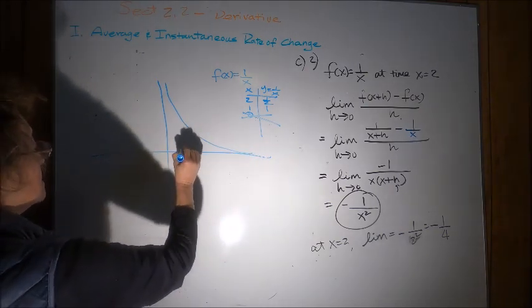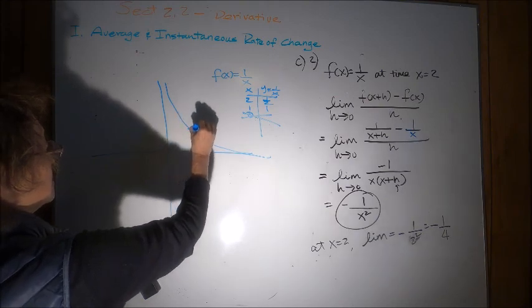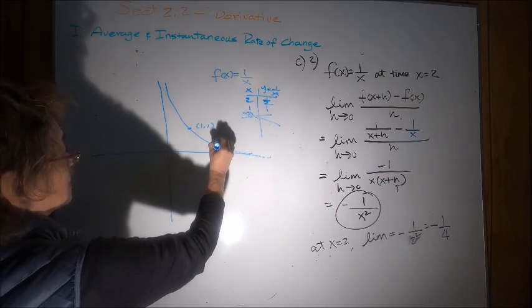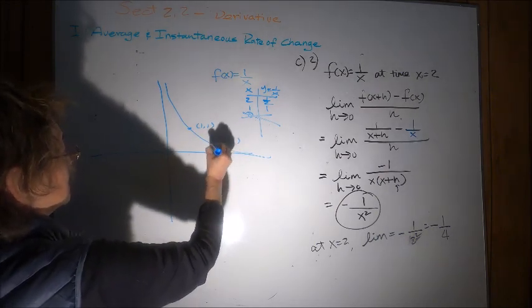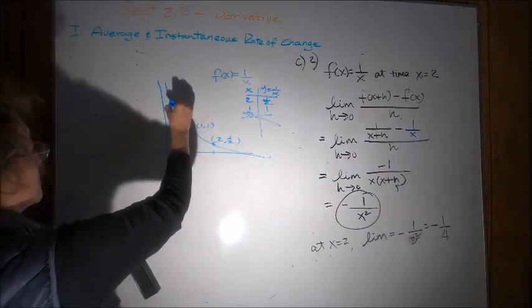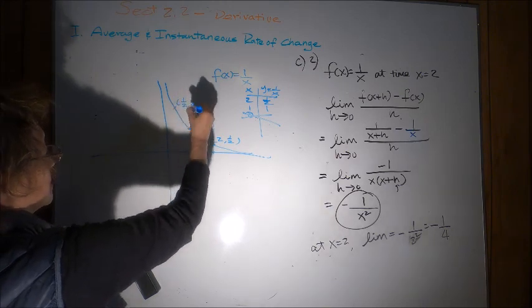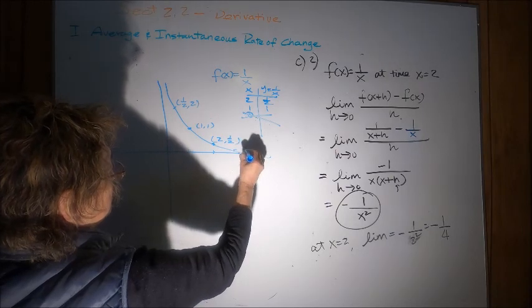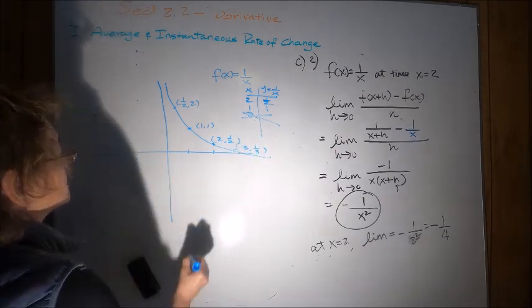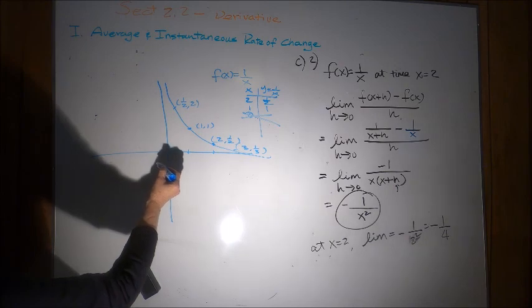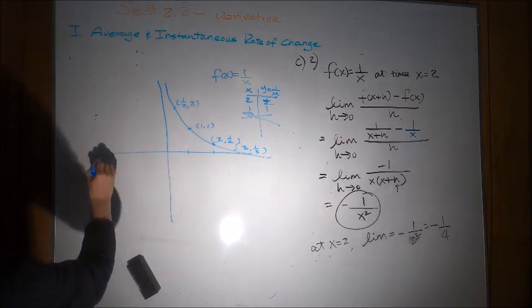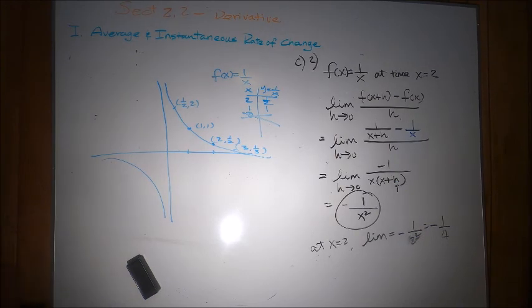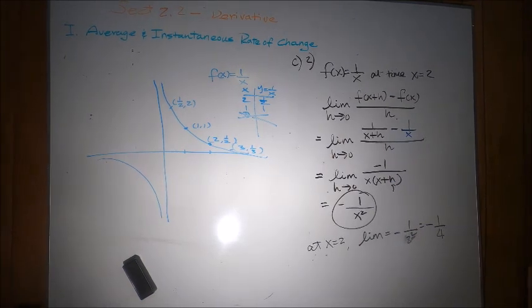X is 1, that would be 1, 1. X is 2, that would be half, right? So half will be 2. Then 3 would be what? 3 would be 1/3, like this. And negative would be here. You use your calculator to see the graph.